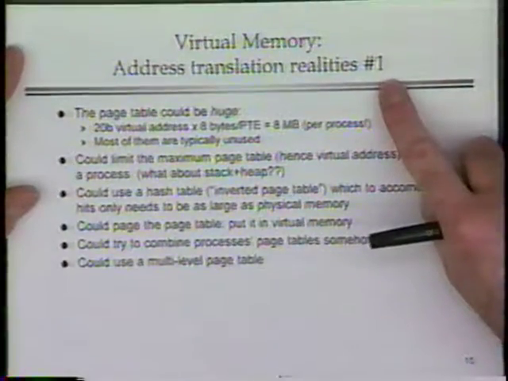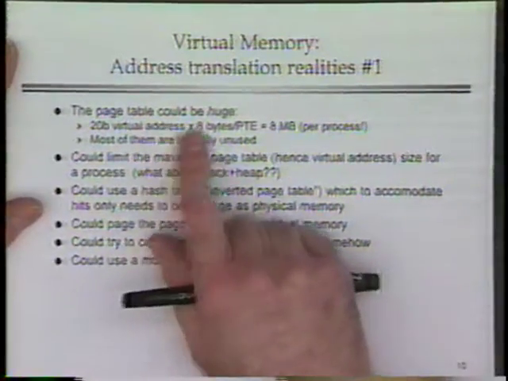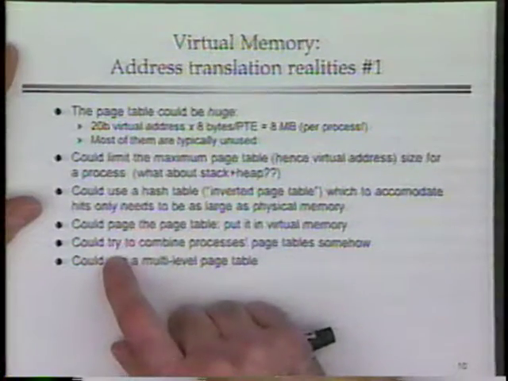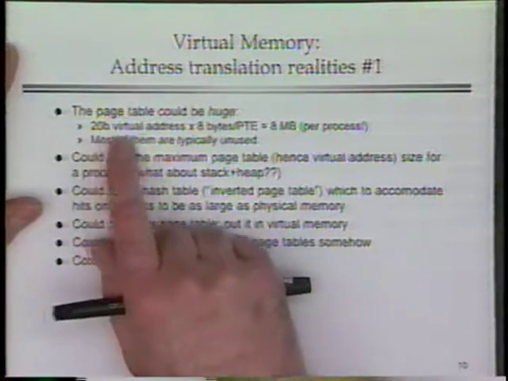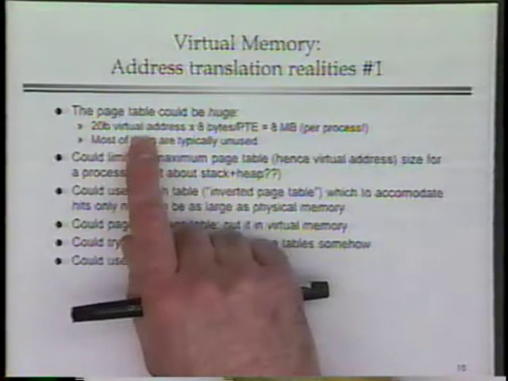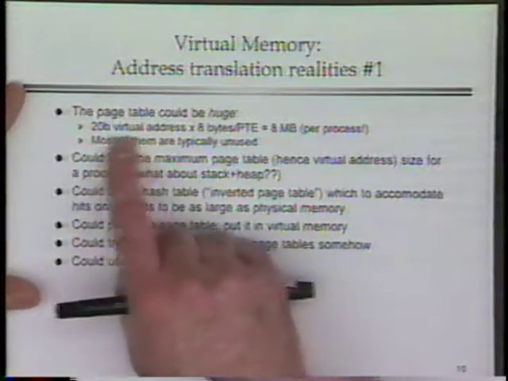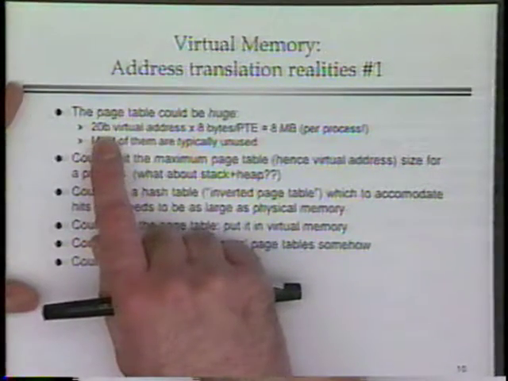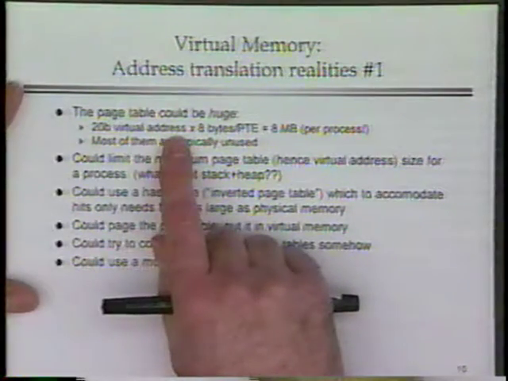Okay, one of the nasty realities of this virtual memory is that this page table, as I pointed out, could be huge. If you're using a 32-bit address of which 12 bits are used for the offset into a 4K page, then you've still got 20 bits of address to use in an index into this table.